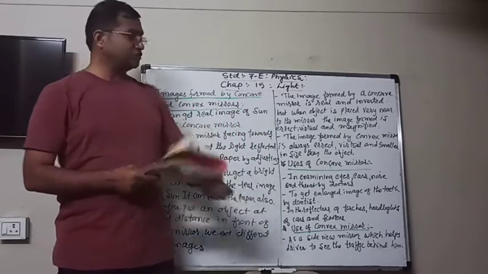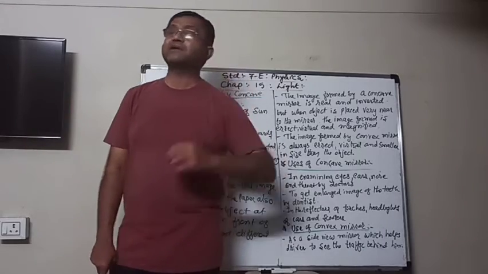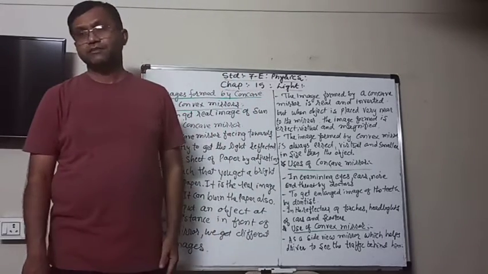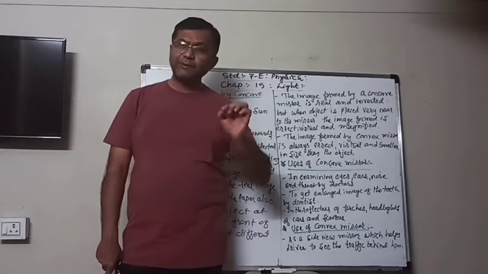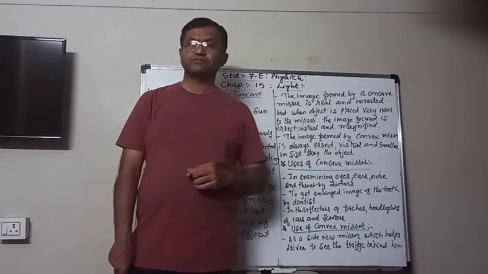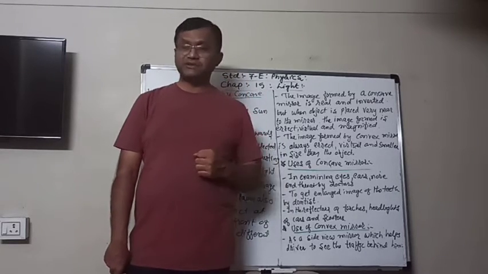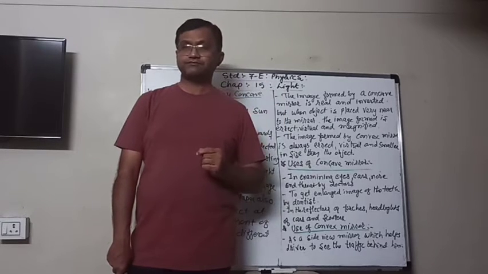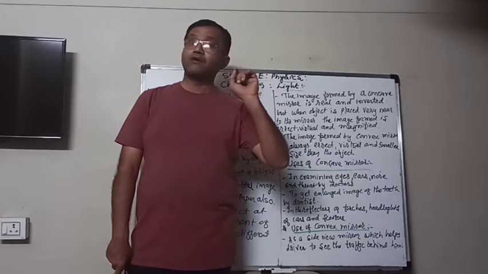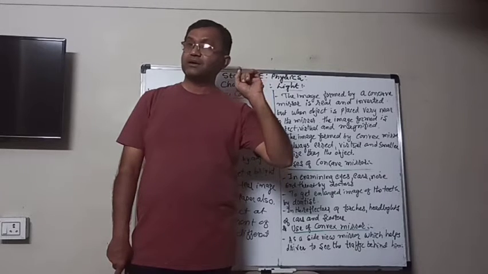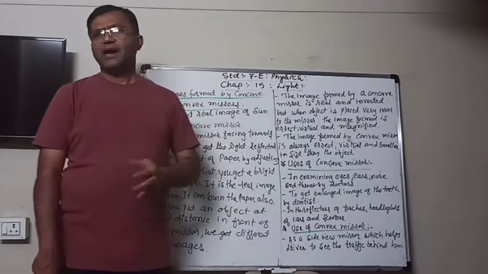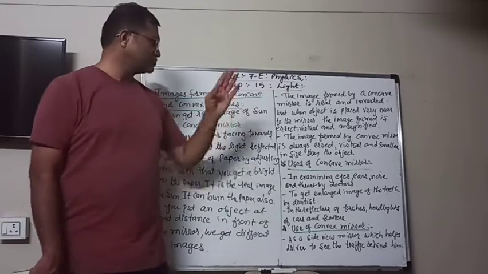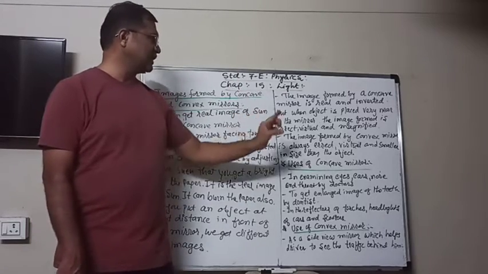Now we talk about the concave mirror, but with the help of a convex mirror you never get a real image. A convex mirror always gives you a virtual and erect image, and it is always smaller in size than the object.